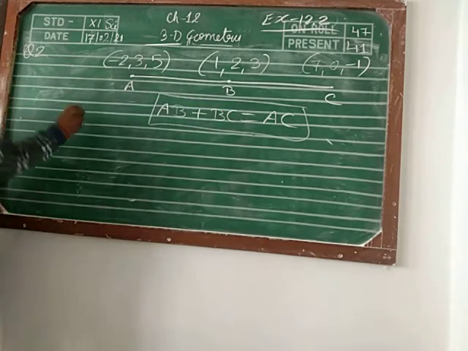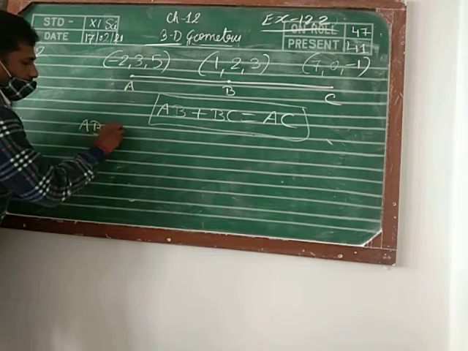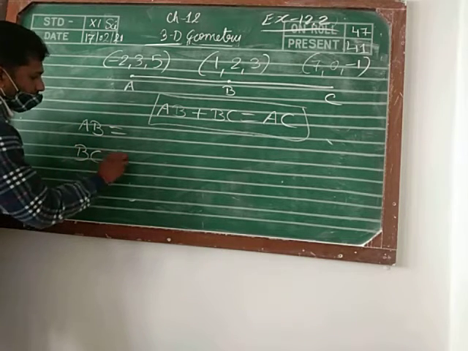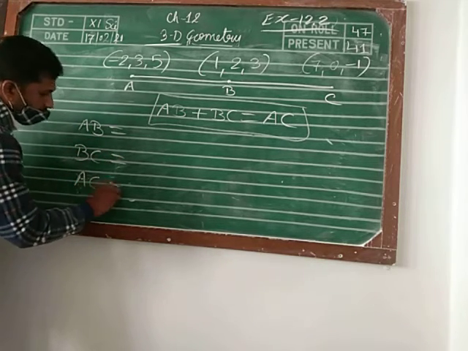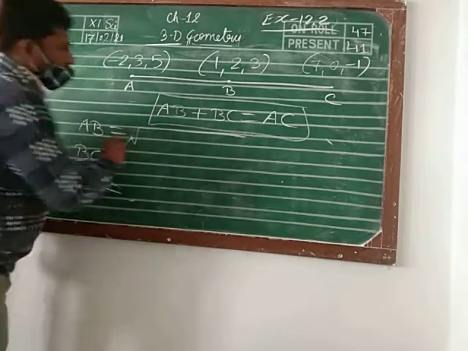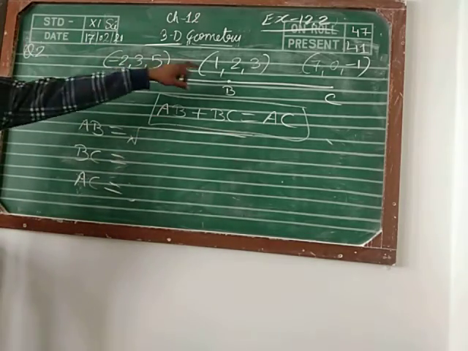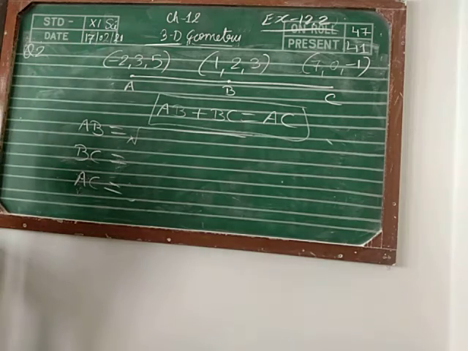Find out the values of AB, BC and AC, and tell me the values. Use the distance formula, find out the value of AB. You have to solve this.